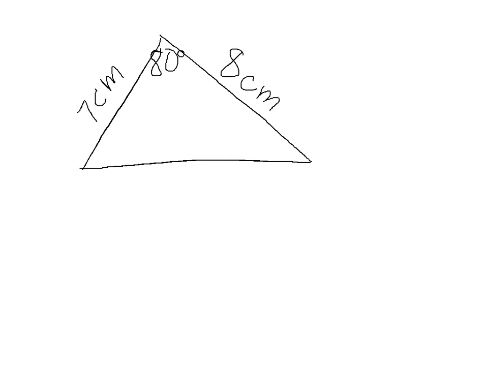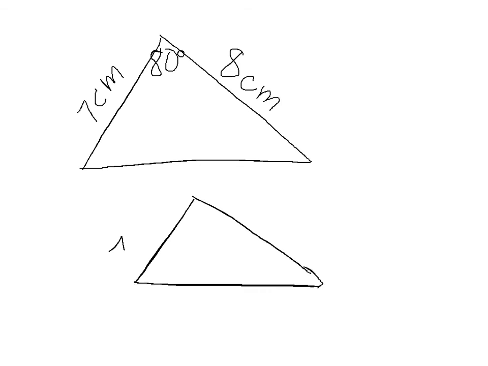Now you might see a problem like this where it asks you if there was another triangle with these same dimensions, would these two triangles be congruent for sure? So you might just see one triangle drawn, but what the question is asking is if there's another triangle with the same dimensions that are labeled.